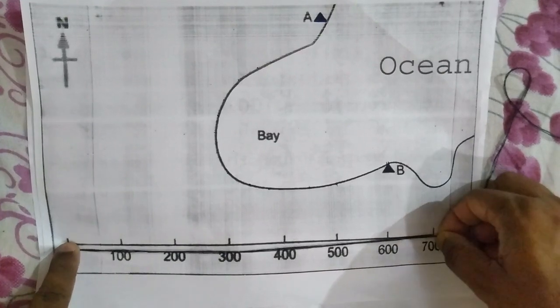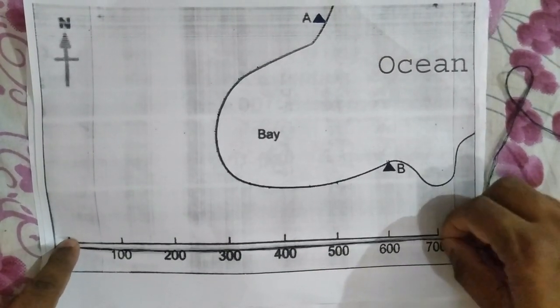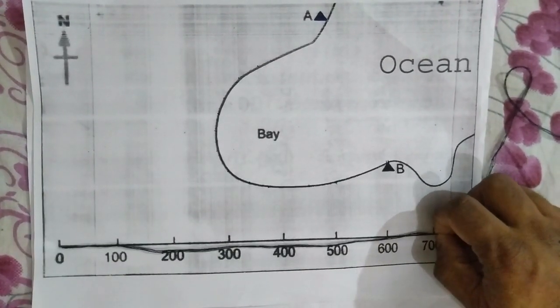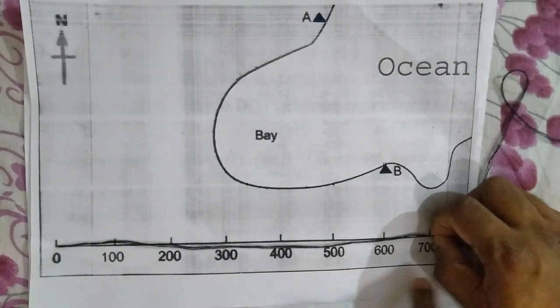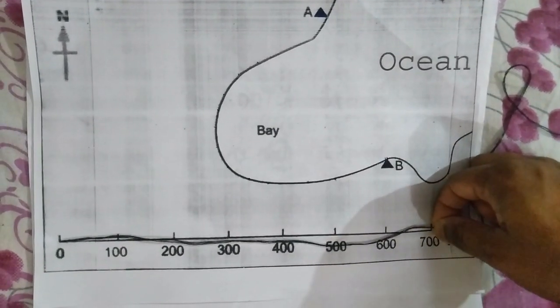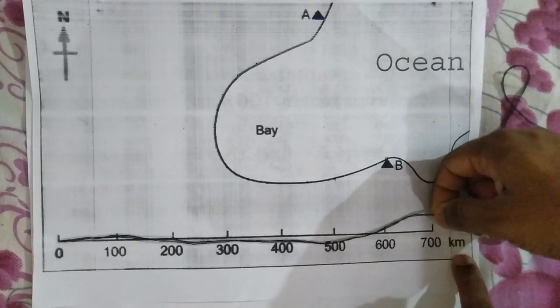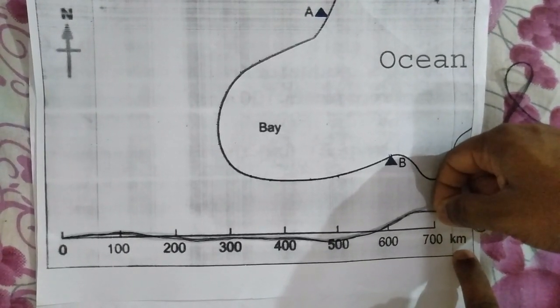Here you will find it is showing up to 700. So this way also, 700 means 700 kilometer. You can see the kilometer sign over here.